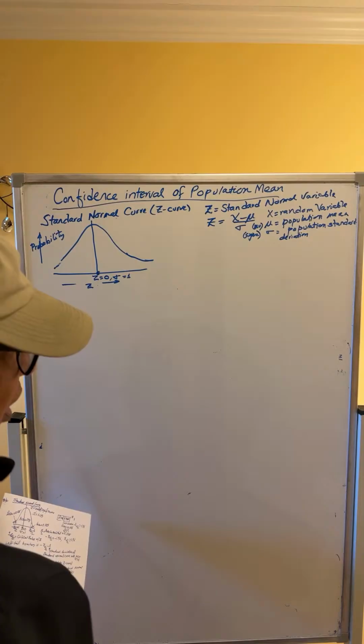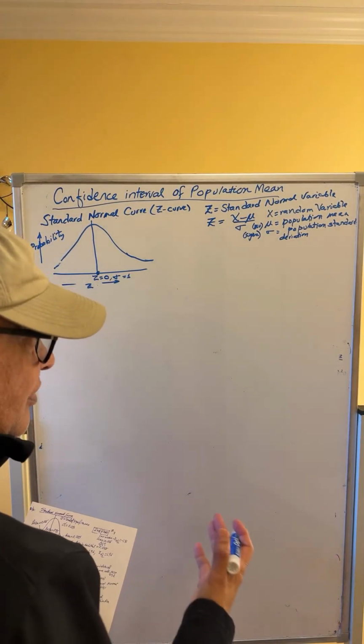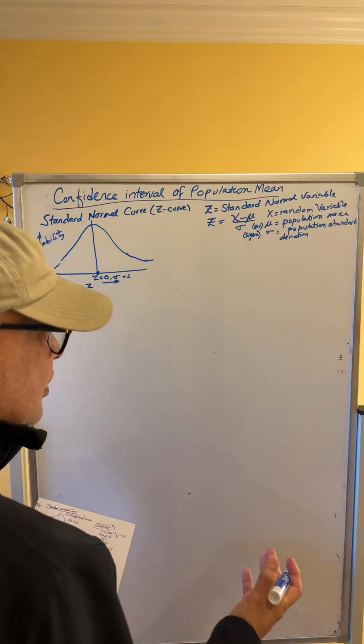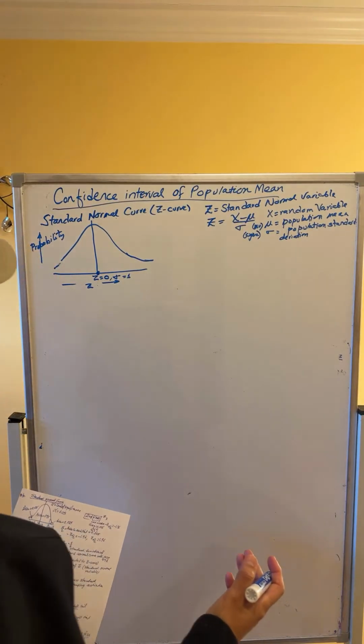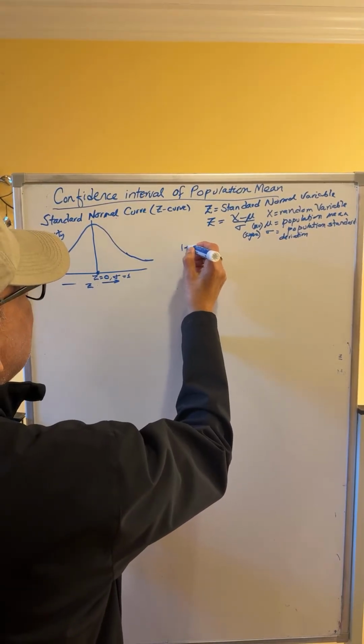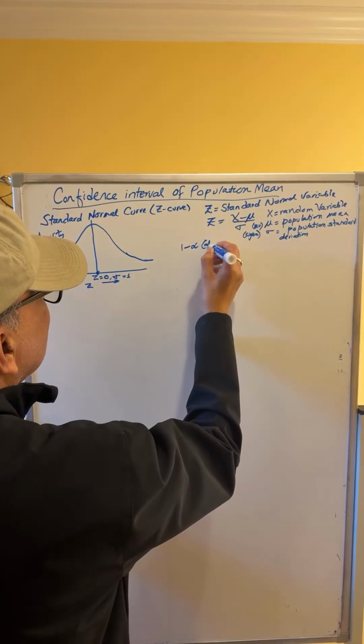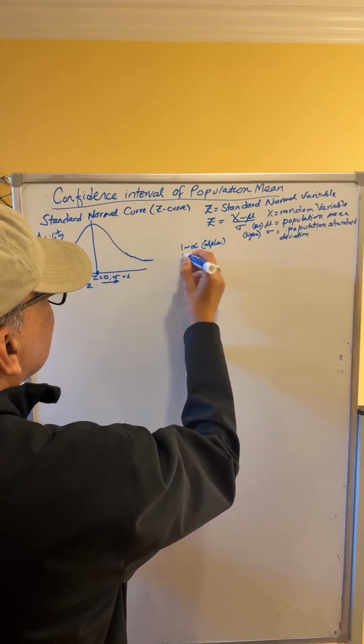Now to get into confidence, our confidence is always from the center. Always from the center. So we talk about 1 minus alpha, the level of confidence.